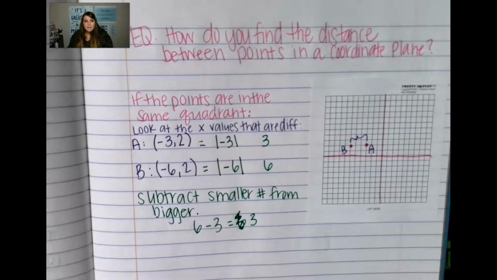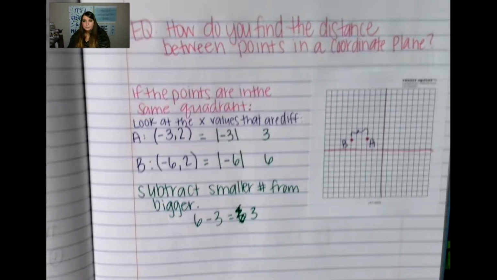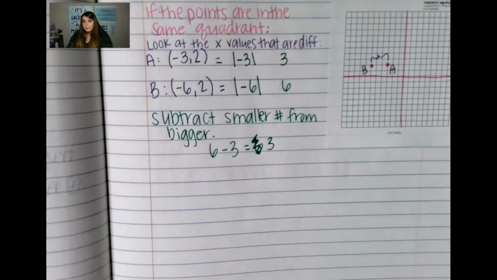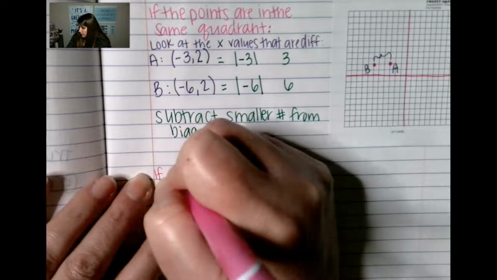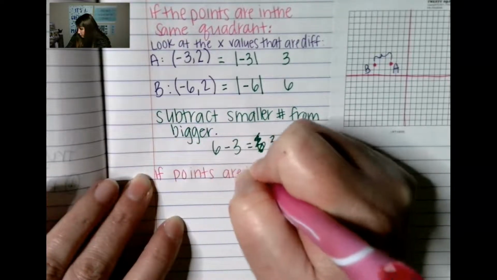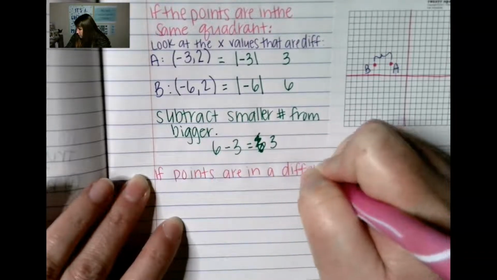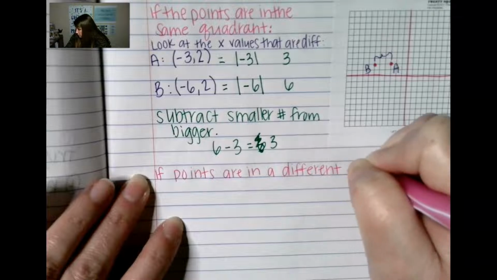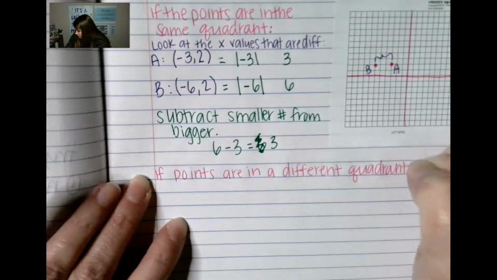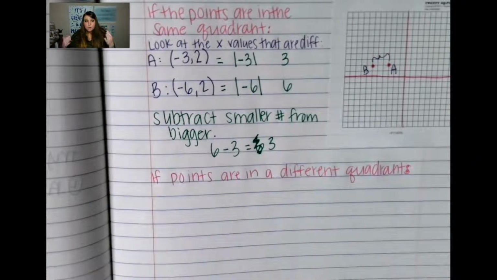Okay, if the points are in a different quadrant, so let's say that they are in a different quadrant. Okay, we're going to look at these and plot them differently.